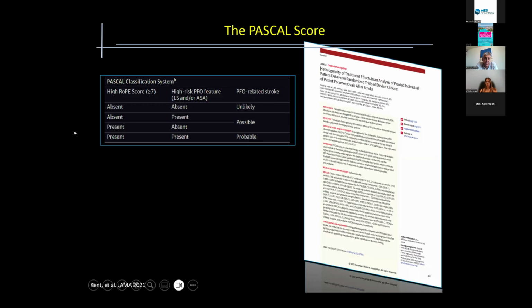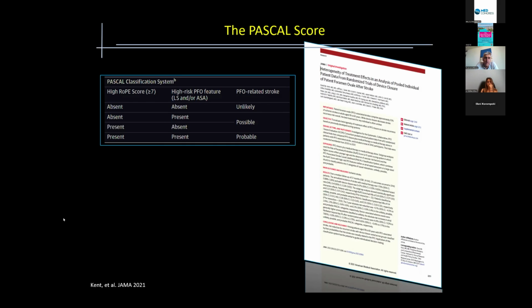That is the patient, you see on the left column, the higher RoPE score, that is the comorbidities of the patient, and then you also take into consideration the characteristics of the PFO. This is the middle column, and mainly whether there is a large shunt and whether there is an atrial septal aneurysm. So by combining those two, you can have a very good estimation of whether this is causally associated with the stroke.